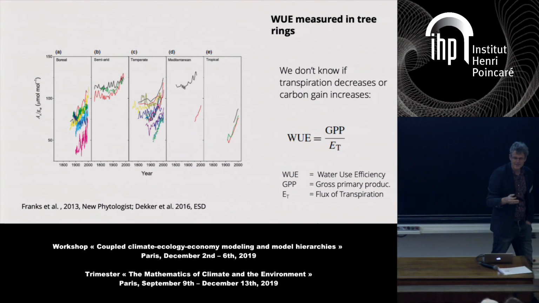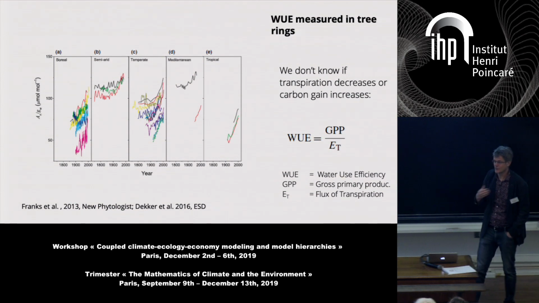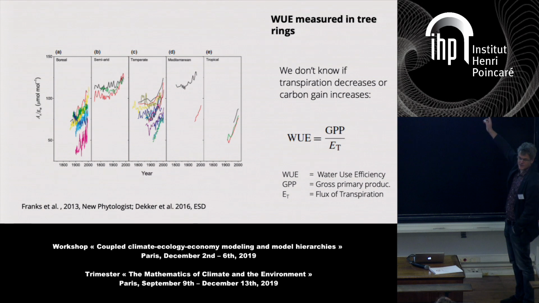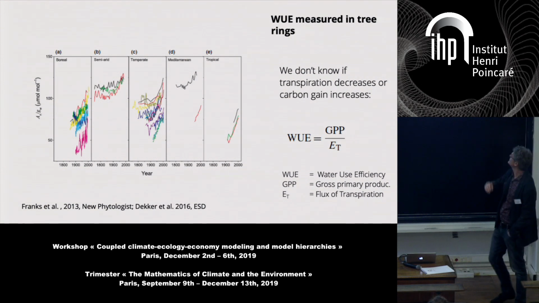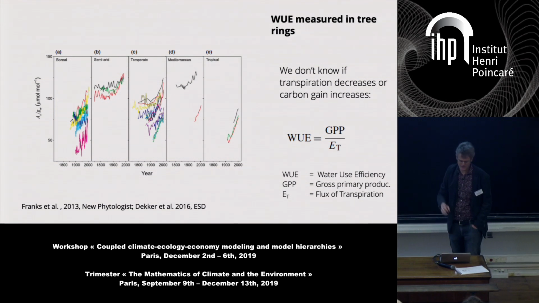So the vegetation becomes more efficient with water. We still don't know if it is an increase in gross primary productivity or a decrease in evapotranspiration. So this is not what it says. It only says this ratio has increased by, let's say, 30 or 40% over the past 100 years. So this is quite big.